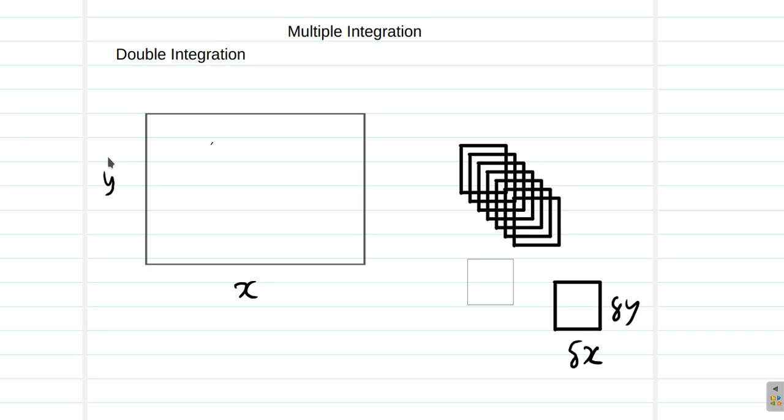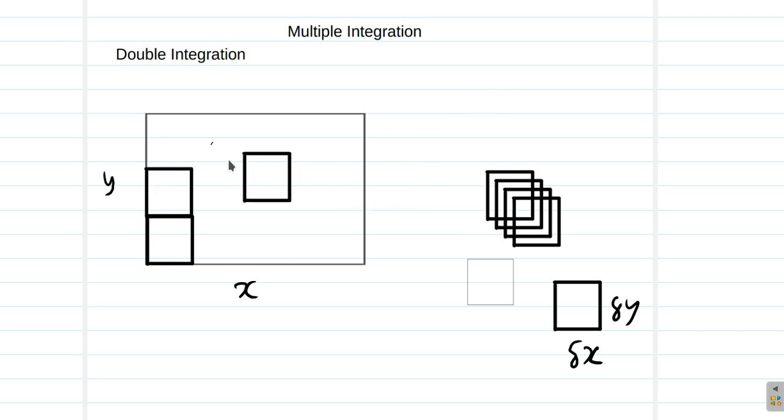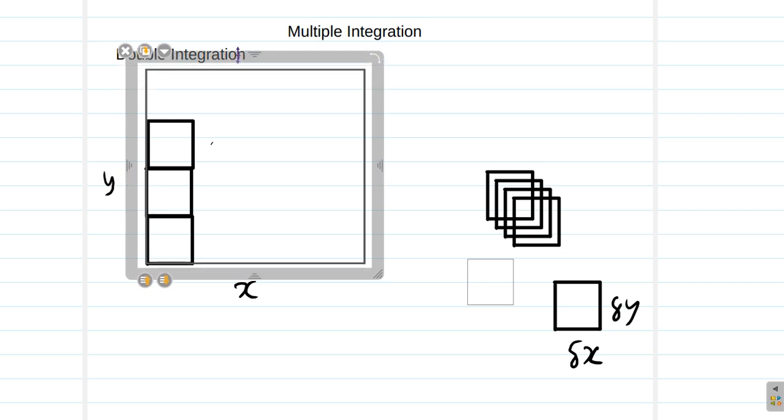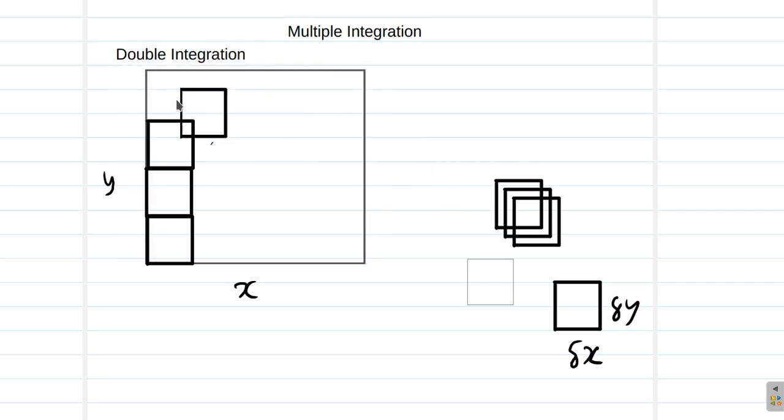Now, let us say we are building this large rectangle and we put these small squares in it, and we're piling up the squares from the floor up to the ceiling of the rectangle. Let's make the rectangle a little higher so that we can stack one more square. Good. Now what we're doing is we're summing up from, let's say the bottom is y1 and the top is y2.